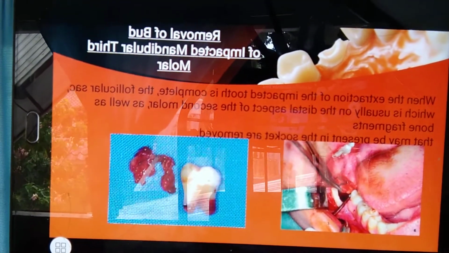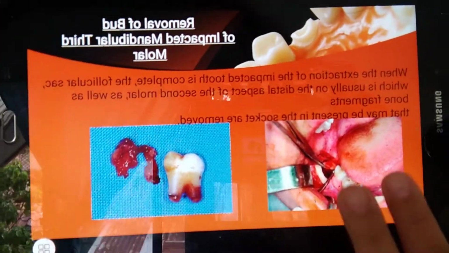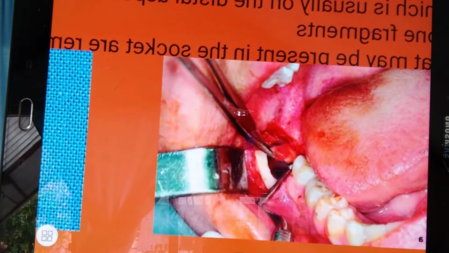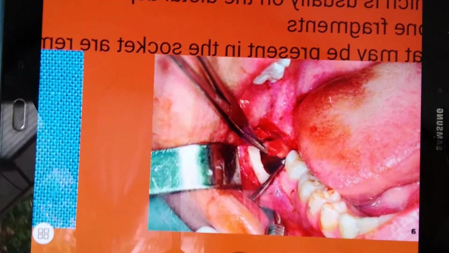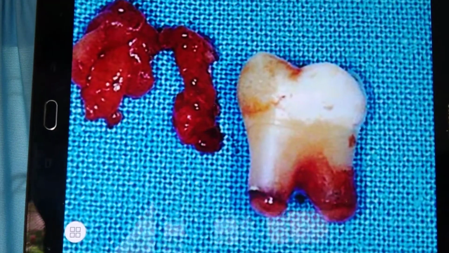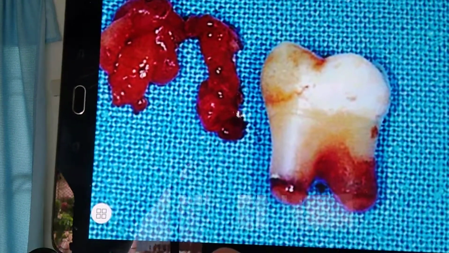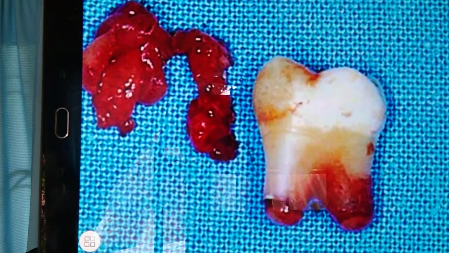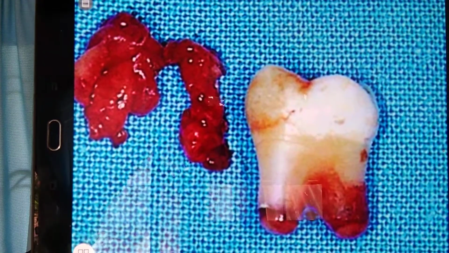The follicular sac, which is usually on the distal aspect of the second molar, as well as bone fragments that may be present in the socket, are removed. So this is the picture of the impacted bud of the mandibular third molar, as well as the follicular sac removed from the mouth of the patient.